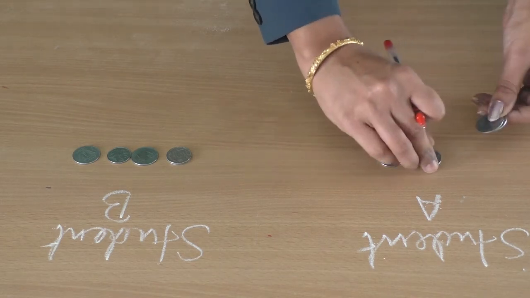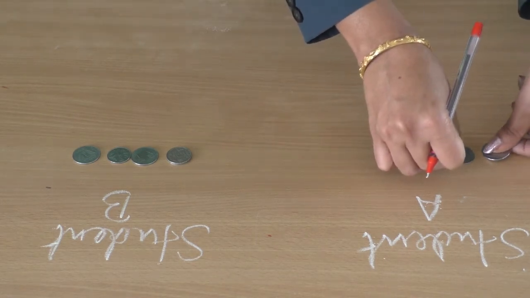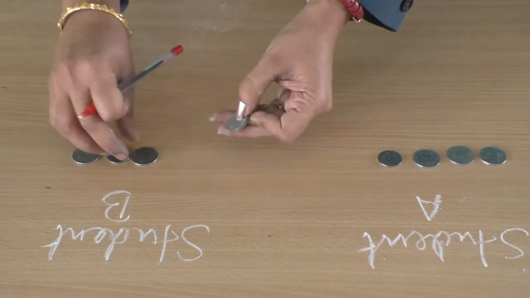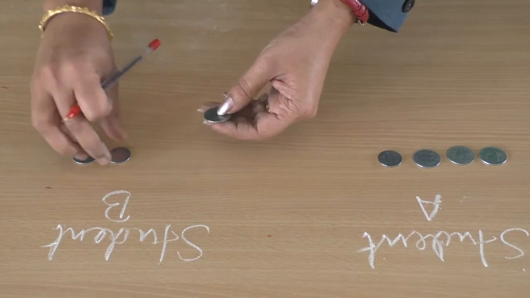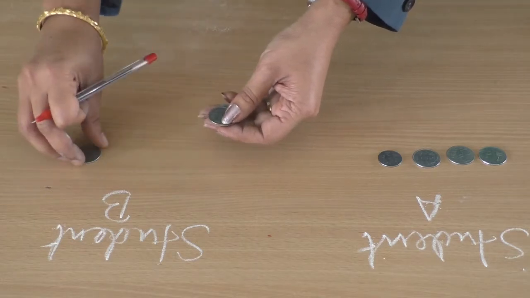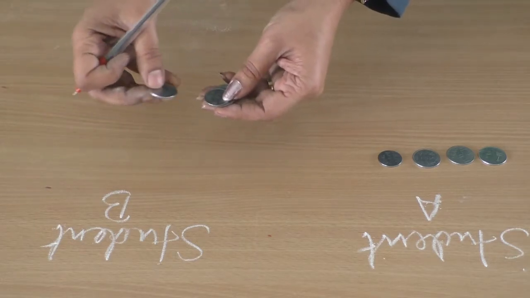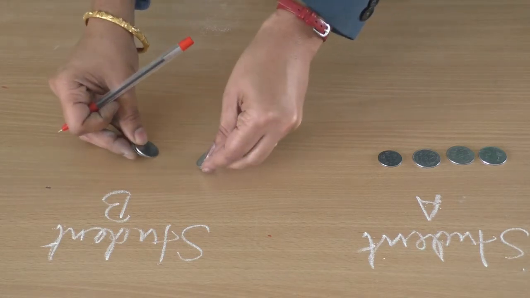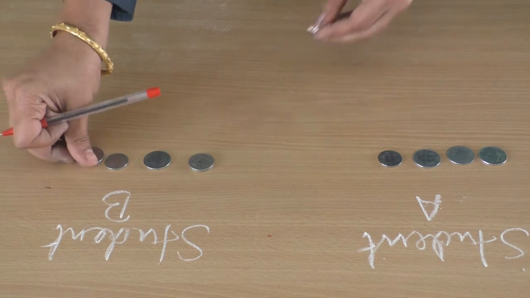Student A has 6 rupees. And student B, we have a 5 rupee coin and a 1 rupee coin, again a 1 rupee coin and one more 1 rupee coin. So 1 plus 1, 2, 2 plus 1, 3, 3 plus 5, 8.